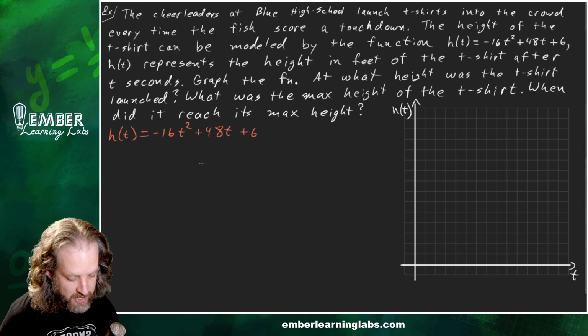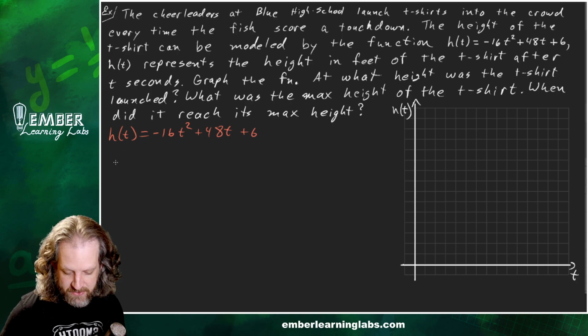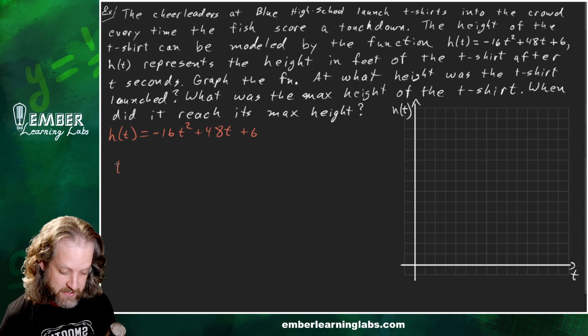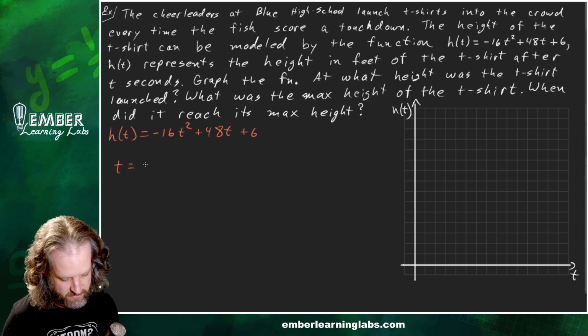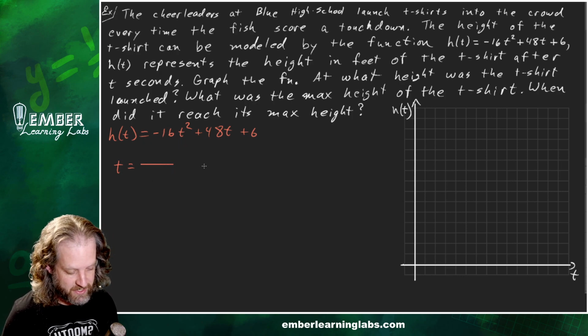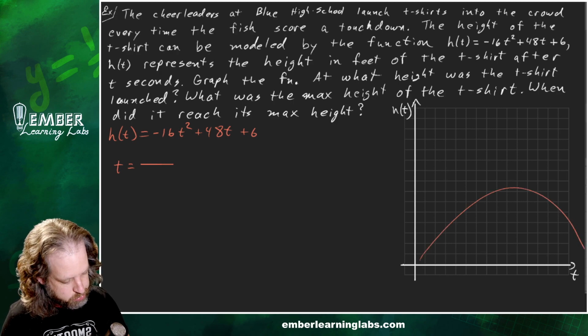To graph this thing, we're going to do just like we've always done. We're going to start by finding the vertex. Basically, we're going to use x. Actually, in this case, it's not x, is it? t equals. So the maximum time, we know it's a maximum because this is negative, which makes sense because if we were launching it, it would go right.